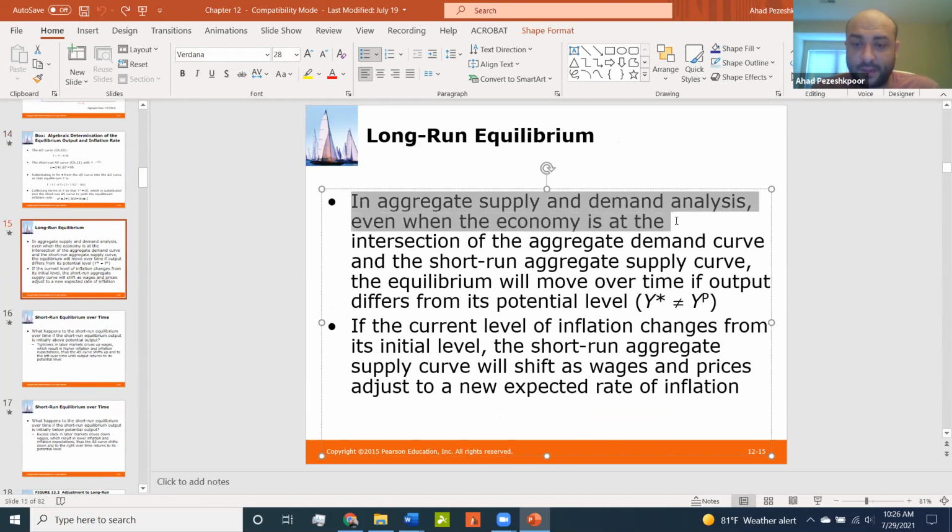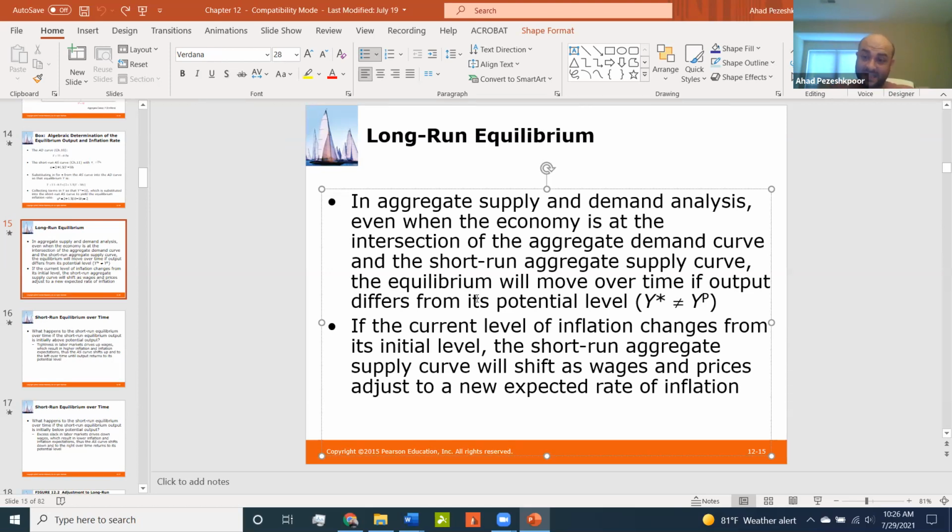In aggregate supply and demand analysis, even when the economy is at the intersection of the aggregate demand curve and the short-run aggregate supply curve, the equilibrium will move over time if output differs from its potential level. So if your short-run equilibrium output is more than the potential level, it would have to initially come back to the real potential value.